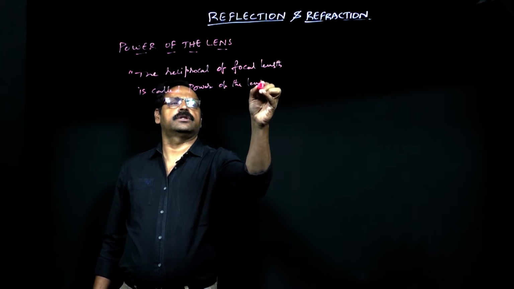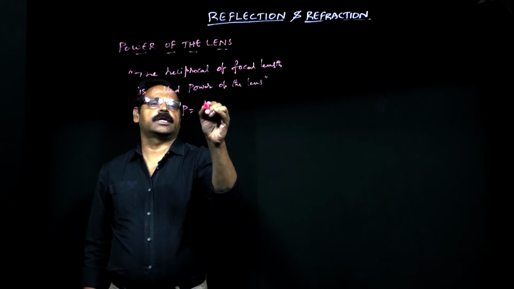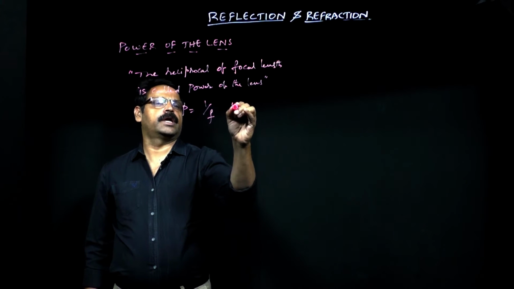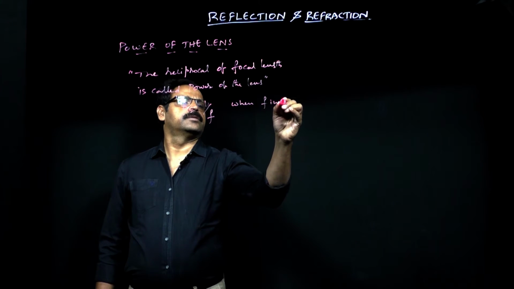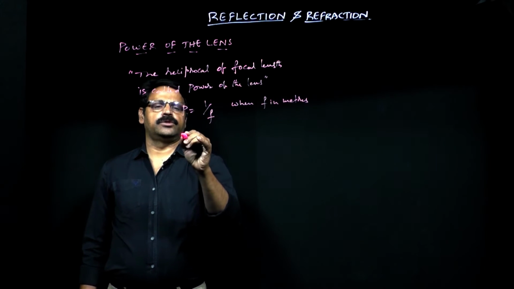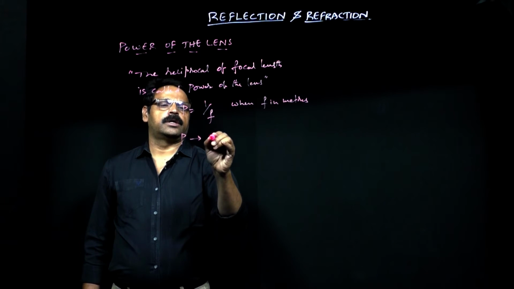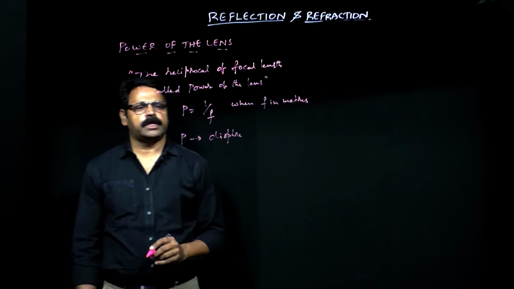This is a definition, and coming to the units, power has to be taken as 1 by f when f is in meters. So when f is taken in meters, the unit comes out to be diopter. Diopter is the unit for power of the lens.